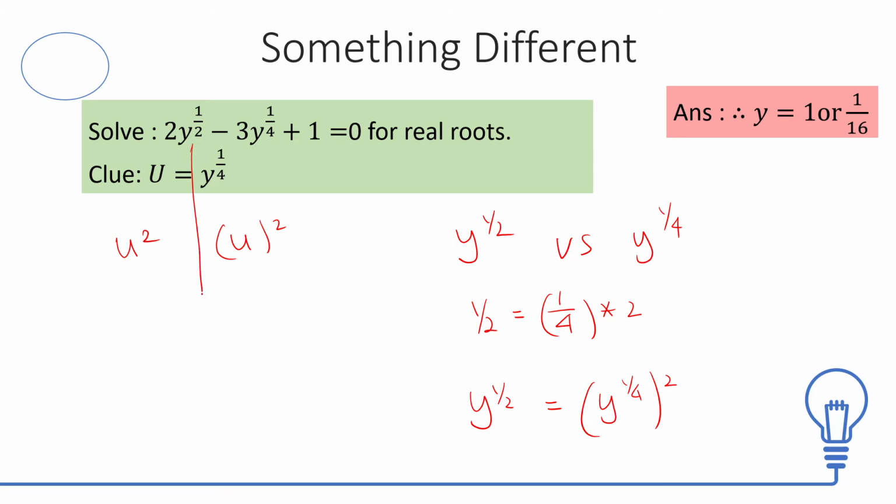So this equation I can change to become 2p squared minus 3p plus 1 equals 0. Versus if you have a question that is very easy, 2y squared minus 3y plus 1 equals 0. So you can see that whenever it goes into fractions, it looks a bit confusing.